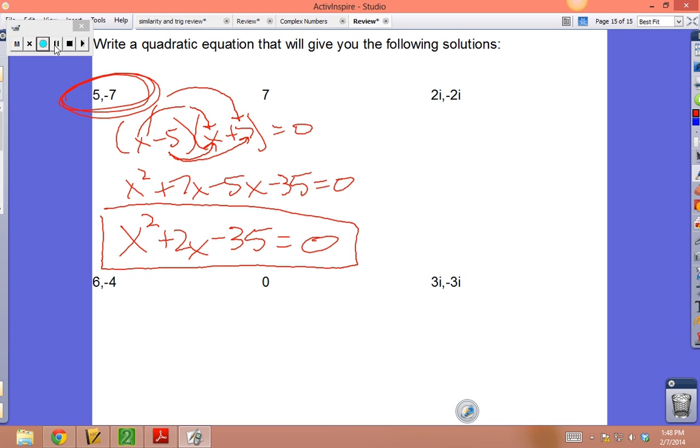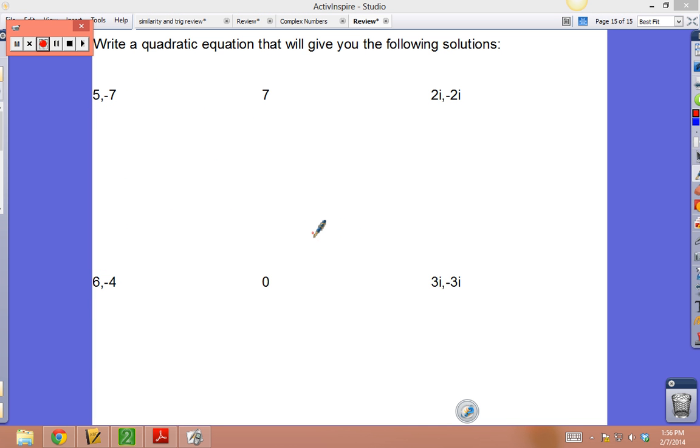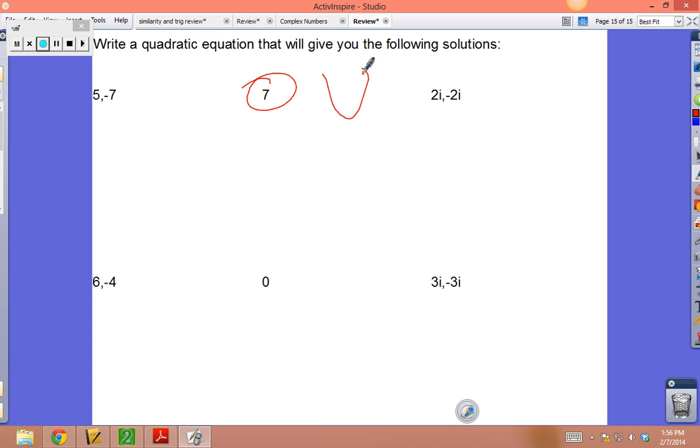Okay, Bailey, if your answer is 7, look, you got 2 answers because there's one on each side of the vertex. If you got only one answer, where's your answer? Your answer is at the vertex. If there's only one dot, that is at the vertex.